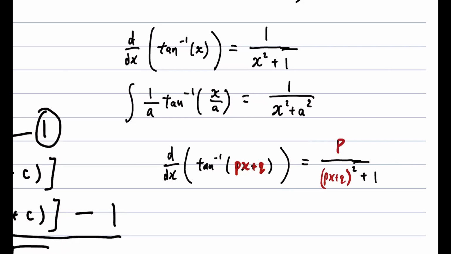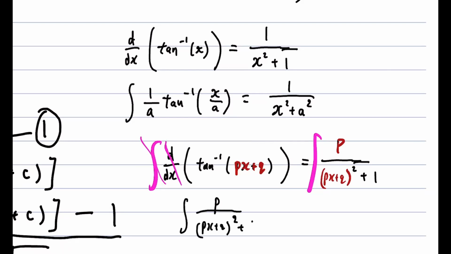Okay, I prefer this formula because now I know if I integrate both sides, the integral and derivative cancel off. I'm left with the integral of p over ((px plus q) squared plus 1) dx is equal to tangent inverse of (px plus q).